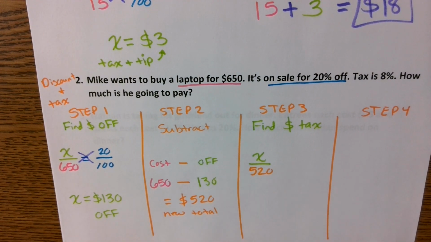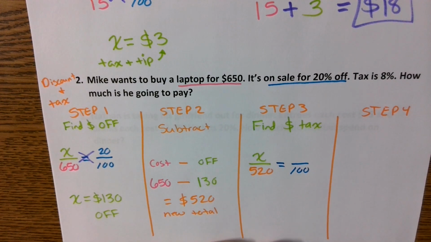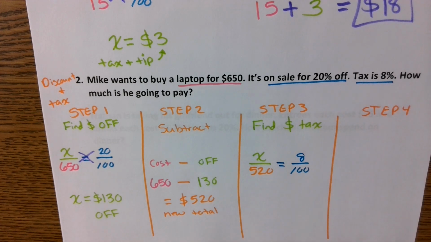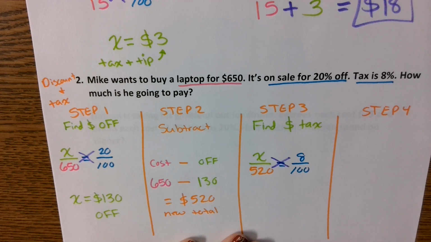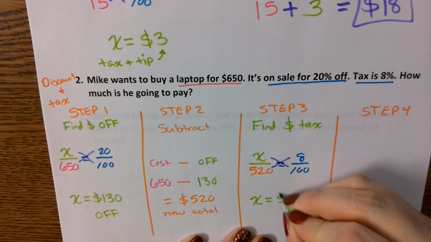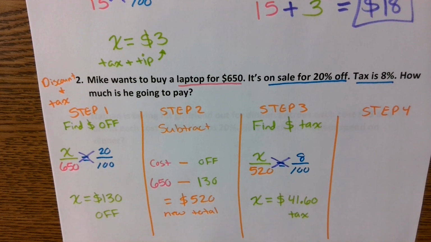So X over 520 equals what over 100? 8, right? 8%. It's now 8% for our tax over 100. And then we can do our cross product. Once we do that cross product, that's going to come out to $41.60. That represents our tax.